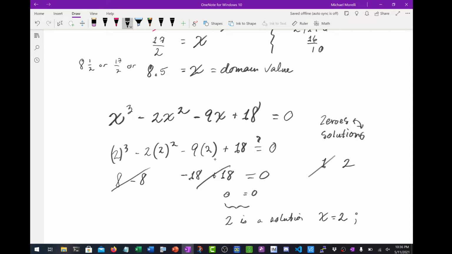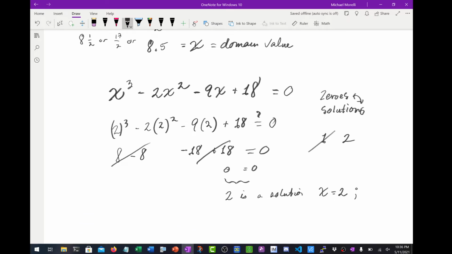And remember, if x equals 2, then written as a factor it would be x minus 2. So one of the factors of this cubic is x minus 2. Now that we know that x equals 2 is one of our solutions, we can use synthetic division to find what to do next.